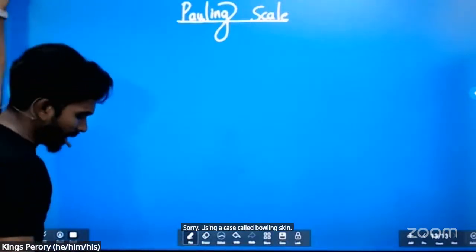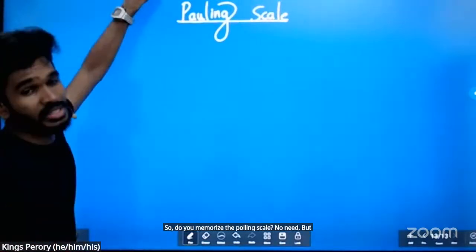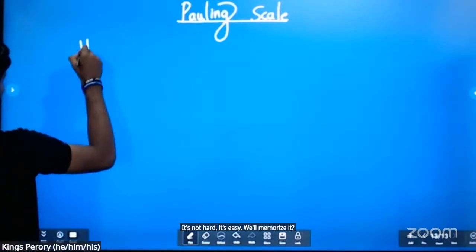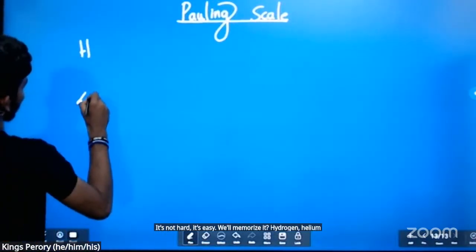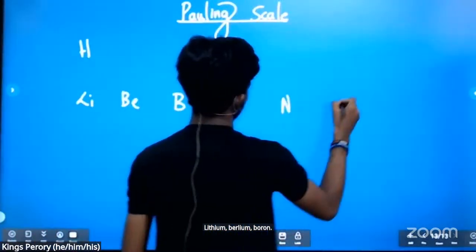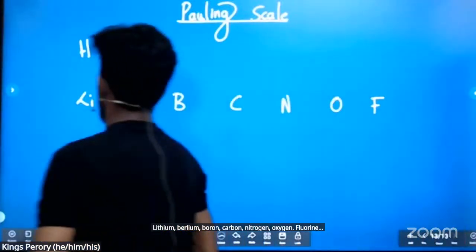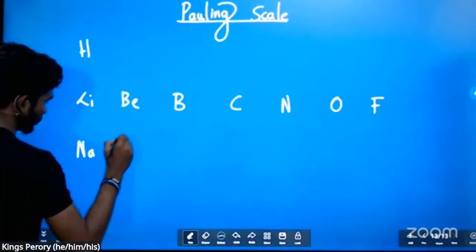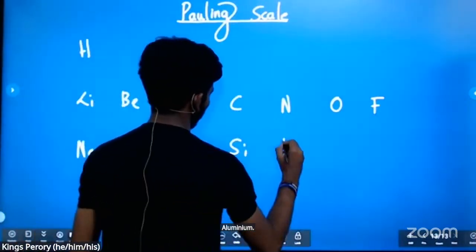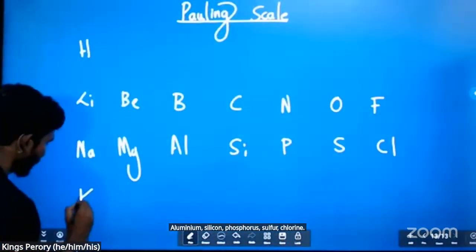Should you memorize the scale? No need, but can you memorize it? Yes, it's not hard, it's easy. We'll memorize it. Hydrogen, helium, lithium, beryllium, boron, carbon, nitrogen, oxygen, fluorine, sodium, magnesium, aluminium, silicon, phosphorus, sulfur, chlorine, potassium, calcium.